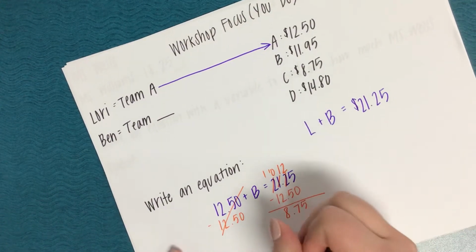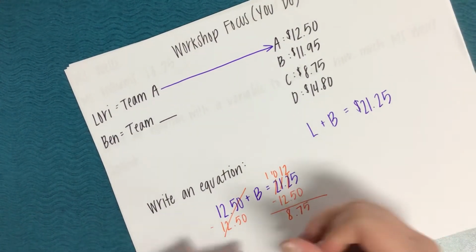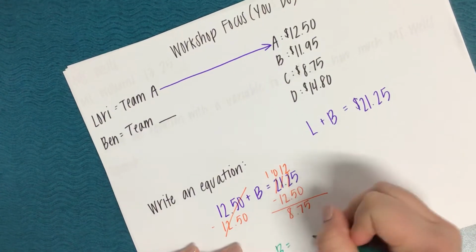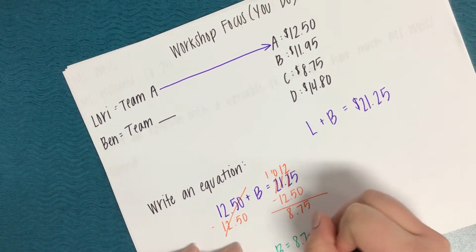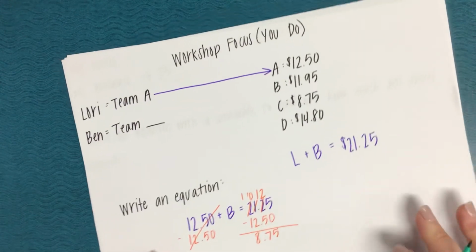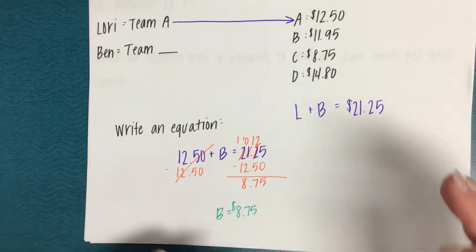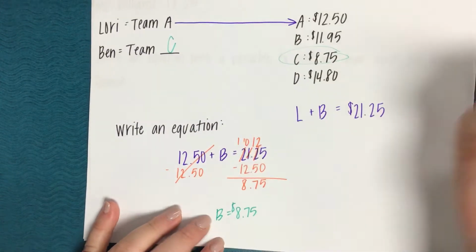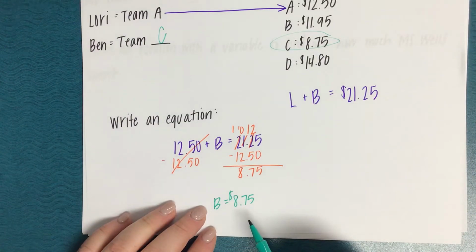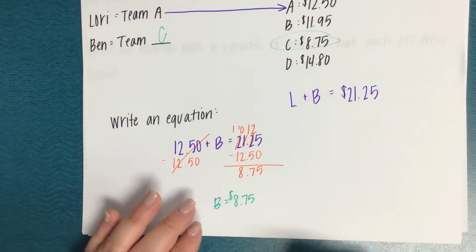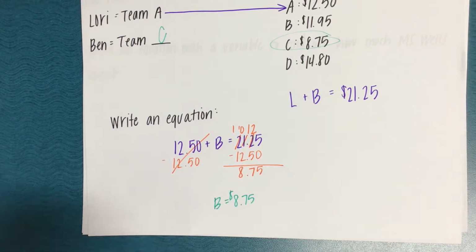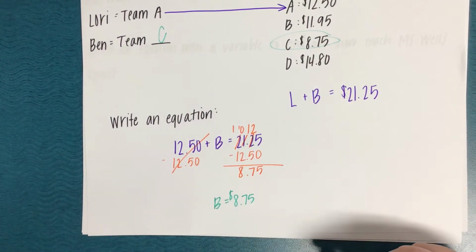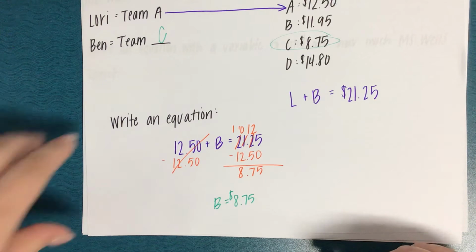So we then wind up with B equals $8.75, which then tells us that Ben is on team C because his jersey cost $8.75. Okay? So you're using a little bit of what you've learned last week and a little bit of new things.